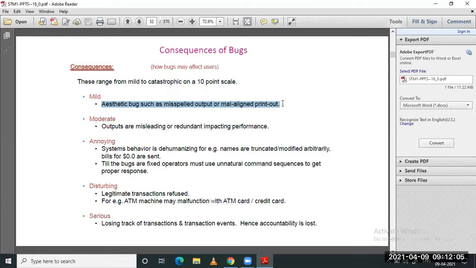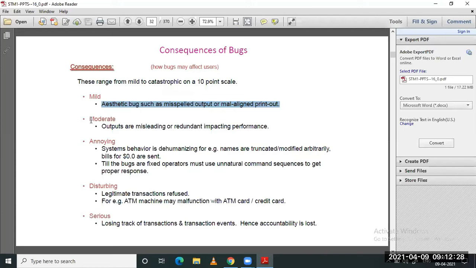A mal-aligned printout is, for example, when you print a message on a new line, but the line is printed on the previous line. These types of bugs cannot affect the system, just the representation will be changed.